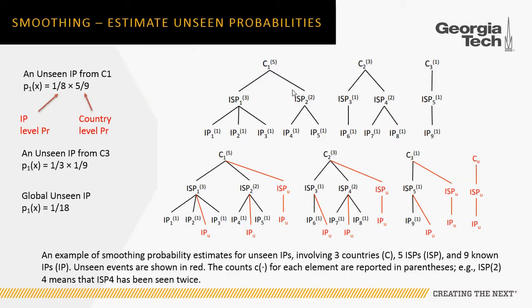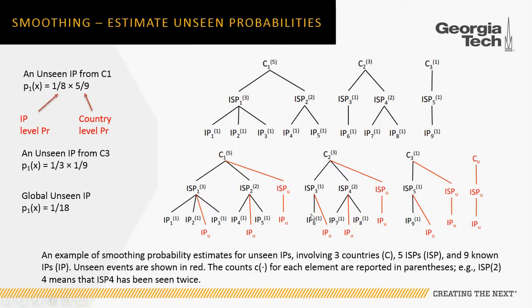In the graph here, the black one means it's a known country, ISP or IP. C means country. This is country 1, country 2, country 3, ISP 1, ISP 2, and IP 1, IP 2, IP 3. And the number in parentheses means how many times it was observed. Of course, the more frequently it is observed, the better.